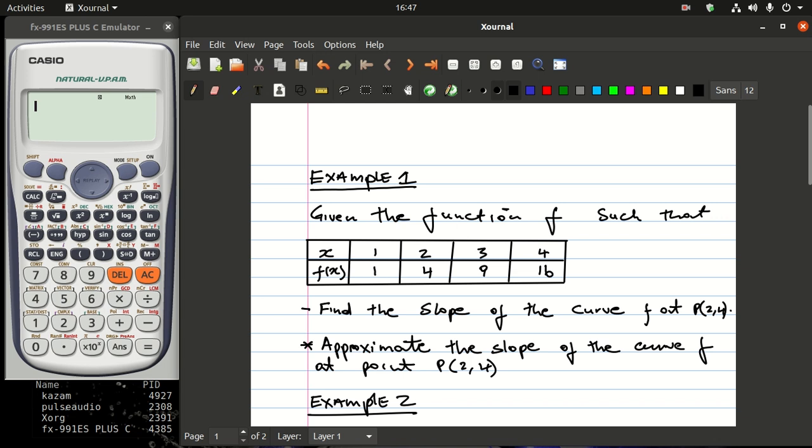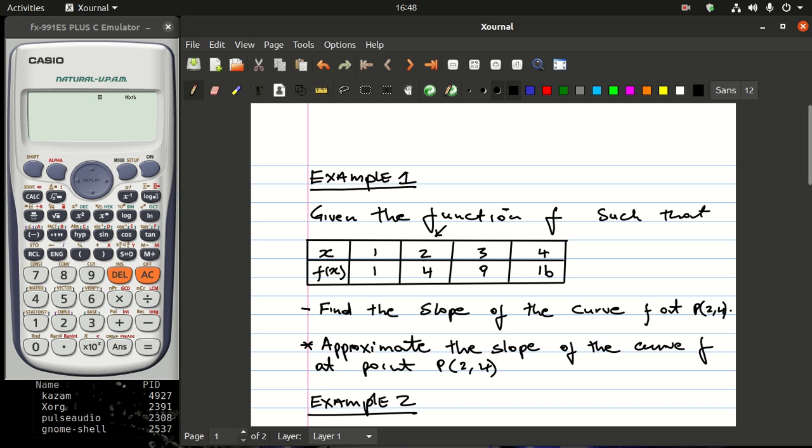Remember that here we are only looking for the slope of the tangent line that is going to pass through this point here. We don't care if this line has a positive or negative slope. What we care about is finding the tangent line that only touches this curve once at this particular point.